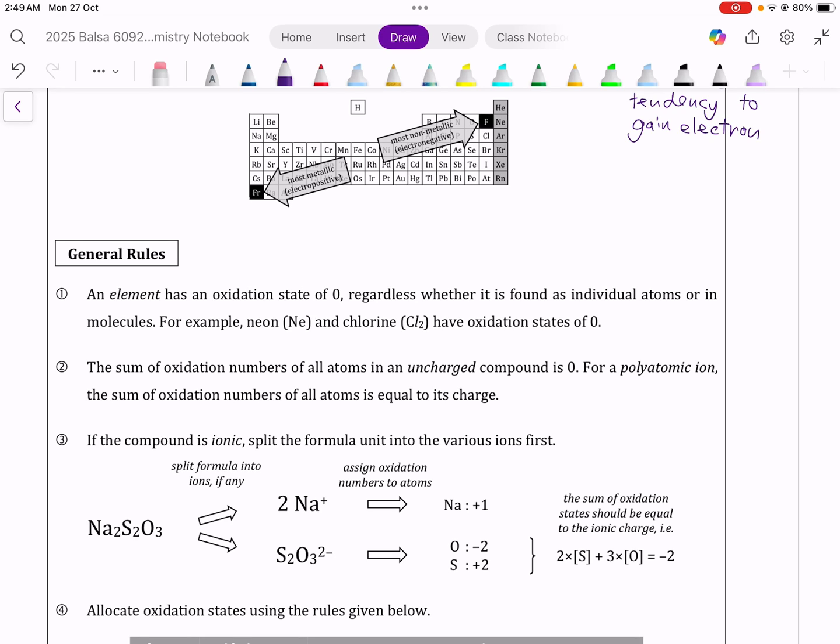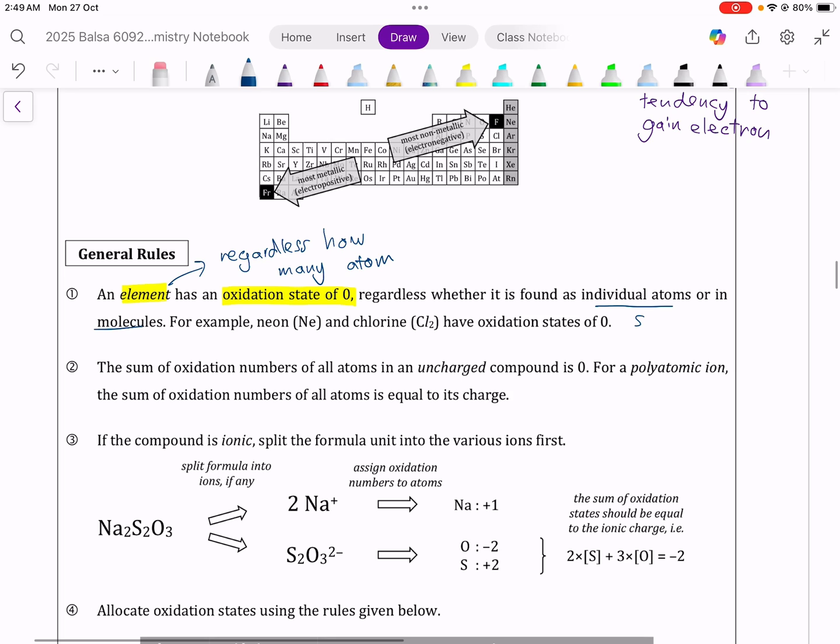Basically, an element, regardless of how many atoms, so long as it's an element, the oxidation state will be 0. Individual atoms or molecules are all the same.